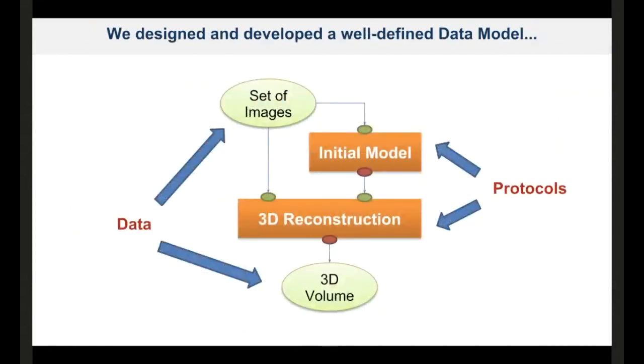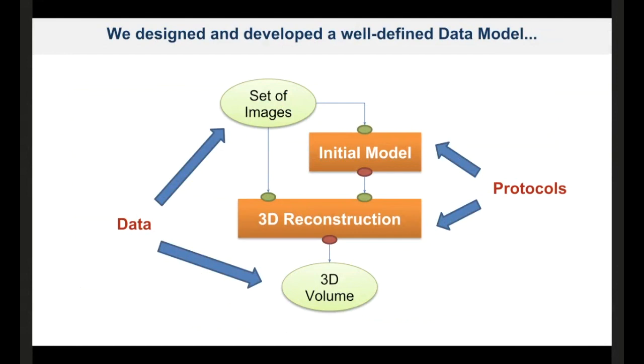So one of the first steps we did was trying to model all this processing, something that is quite common in software development: try to create a data model. So it means trying to separate the file formats and specifics of each program from more abstract concepts.